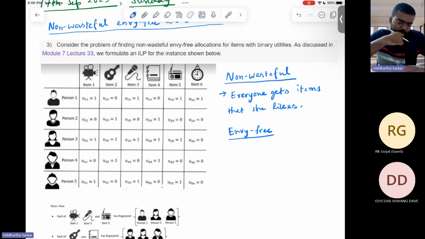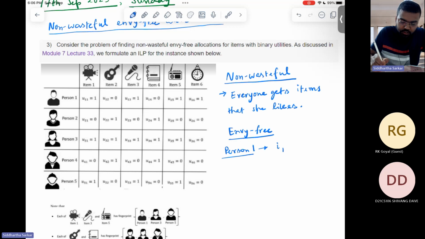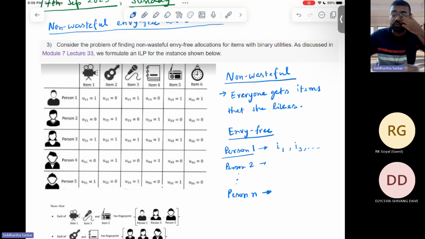Once you do the allocation, consider person one. Person one has received certain items, and person two has received certain items and so on. If there are n persons, there are lists of items allocated to these n persons.